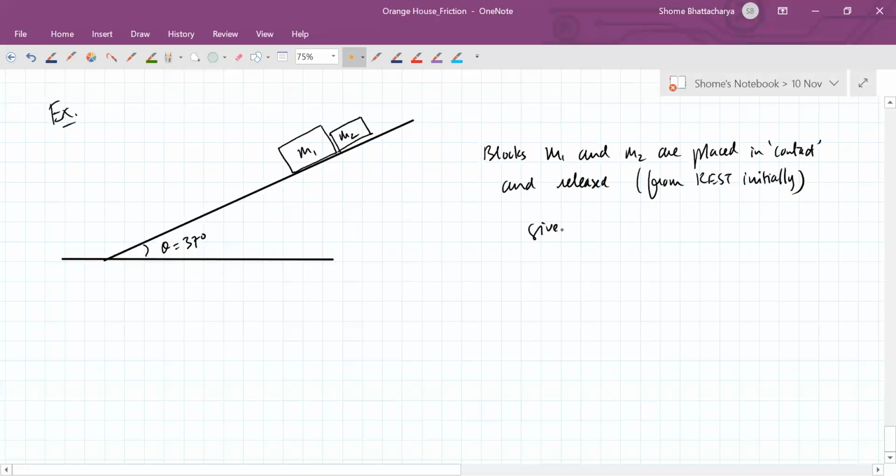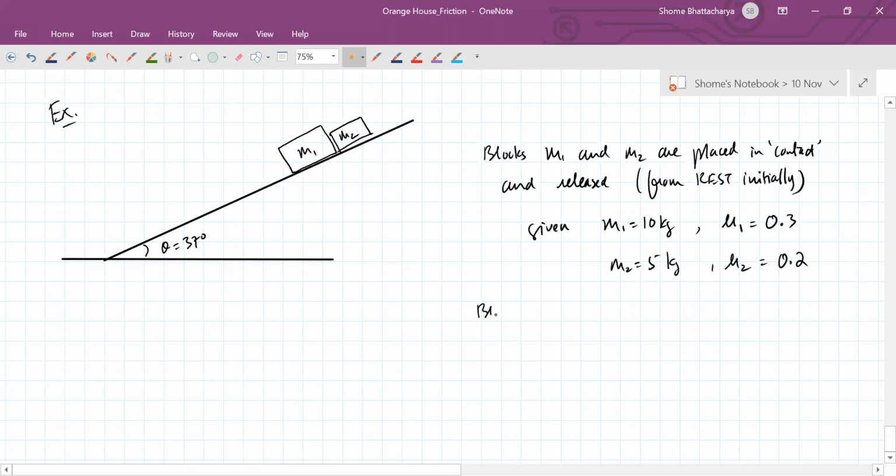So given that M1 is 10 kilograms and its coefficient of friction is mu1 equal to 0.3, let us say, okay? M2 is 5 kilograms, but its coefficient of friction is 0.2.